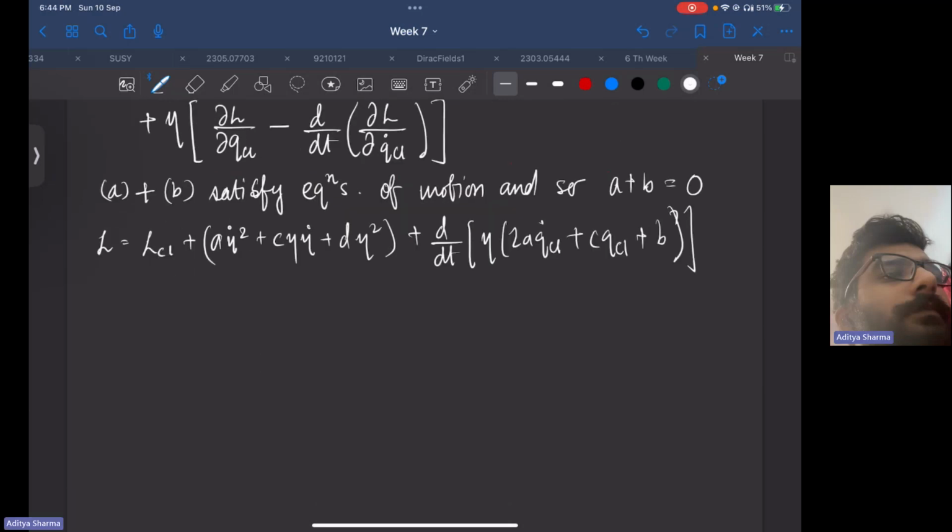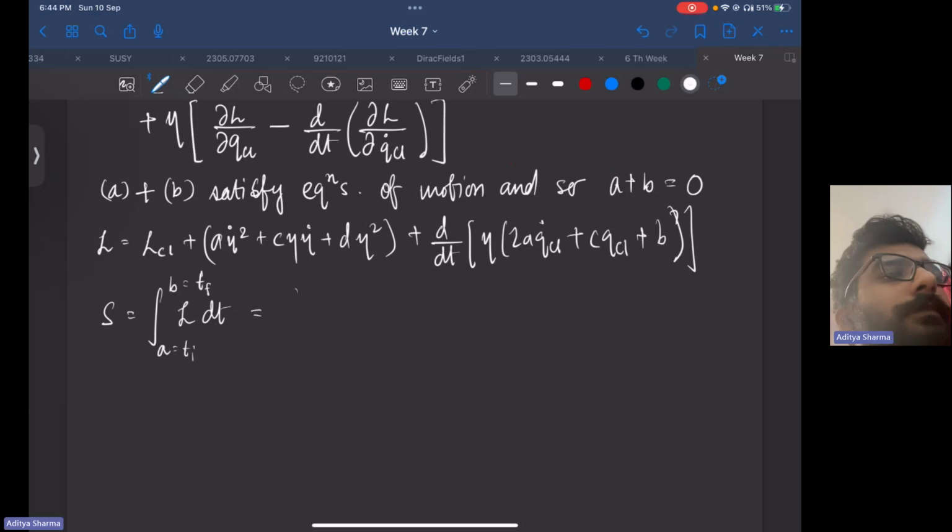Now we are going to put this in the action. In the action, we have the integral of L dt from some suitable time, say A to B, where A to B means this is T initial and this is T final. I'm just going to use A to B as the notation, okay?